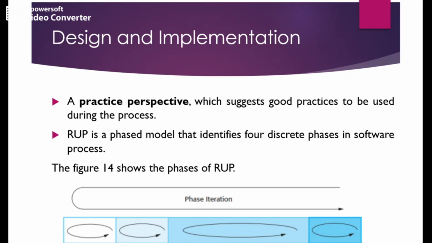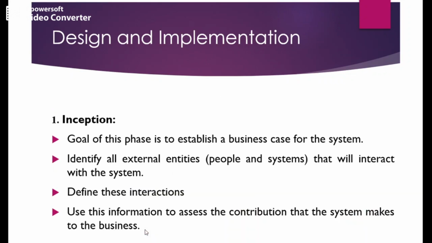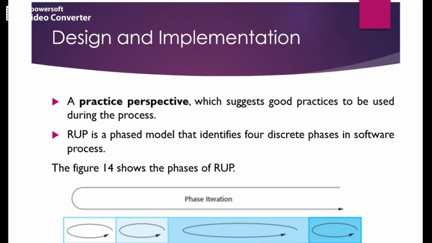And here you have the phase iteration. One is inception, second is elaboration, third is construction, and fourth is transition. So let us see them one by one.